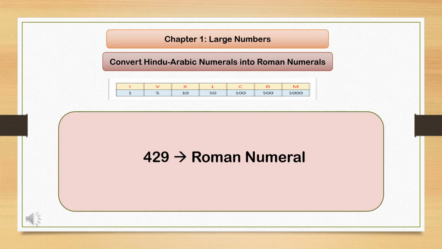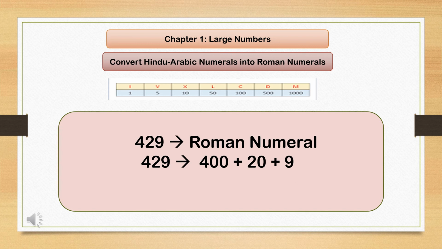How to convert the Hindu-Arabic numeral 429 into Roman numeral. First, we will write the expanded form of 429, that is 400 plus 20 plus 9.